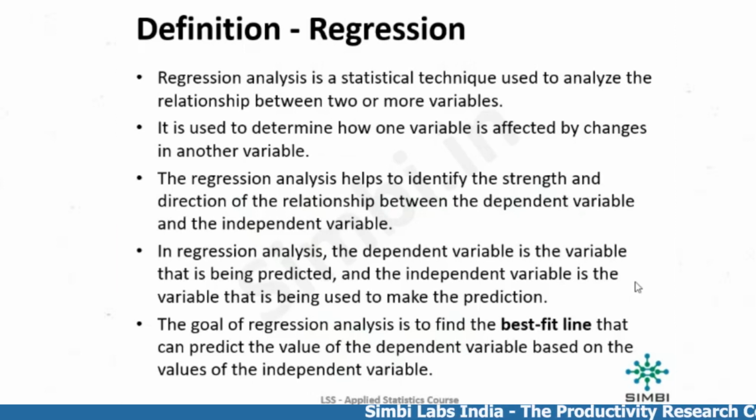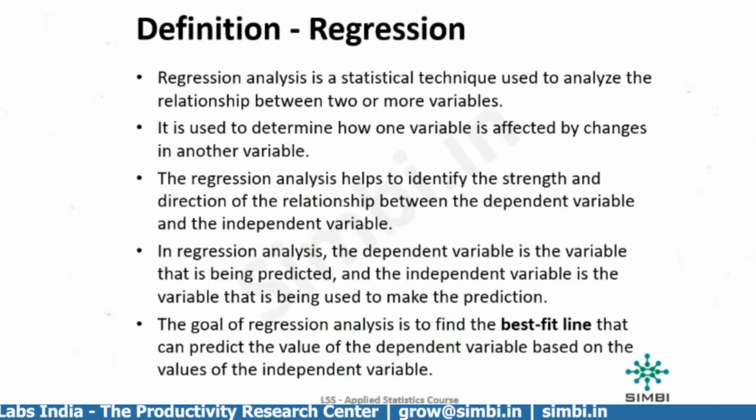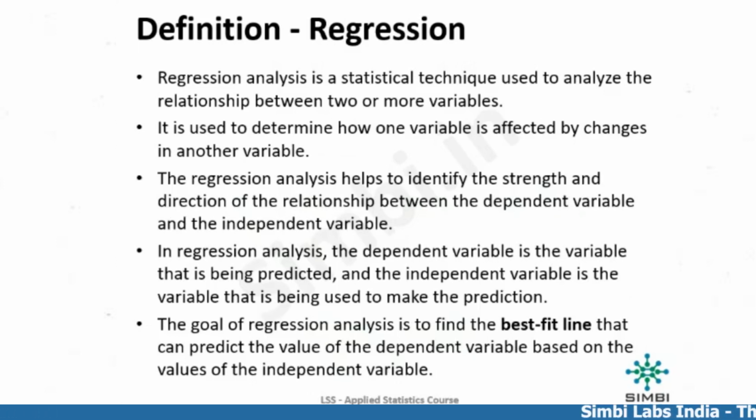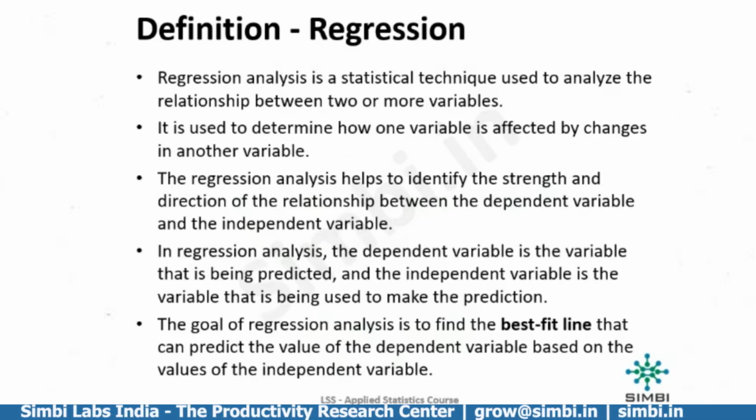So what is regression? Regression is one of the statistical techniques we use to check the variables, and we do the analysis based on the variables. It is one type of study measuring the relationship between associated variables. In this, one variable is dependent and another variable is independent.